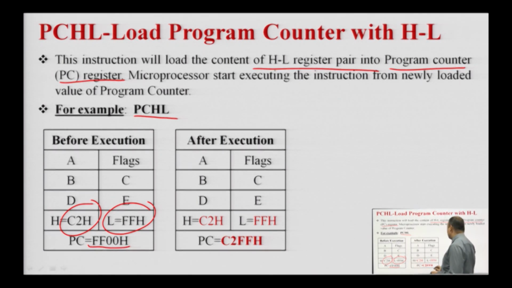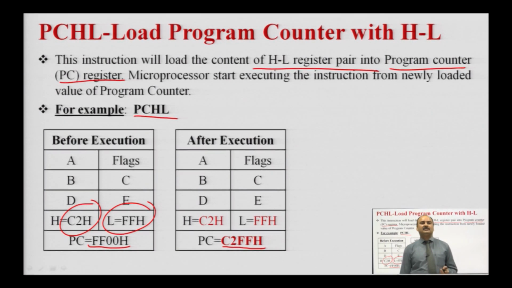So, after the execution, the program counter has the value C2FFH. The program counter is loaded with the new value from the HL register, that is C2FF, and the processor will start executing the program from this memory location. This way the program counter is loaded with a new value from the HL register pair.